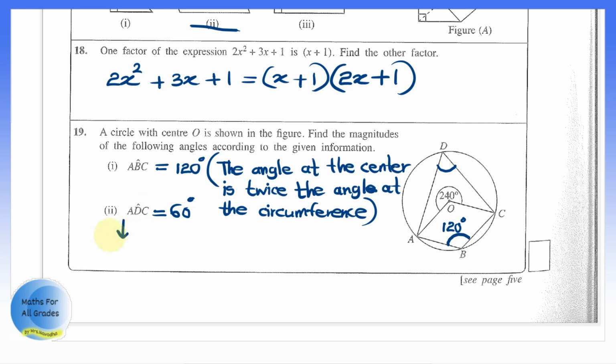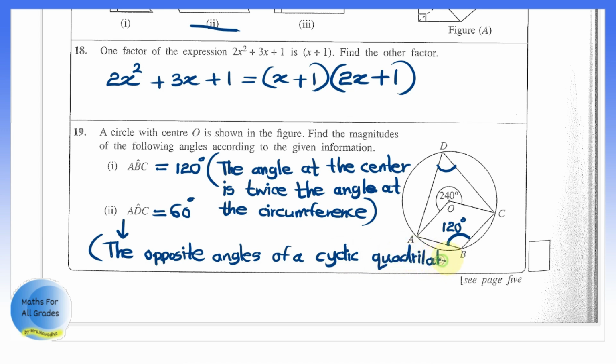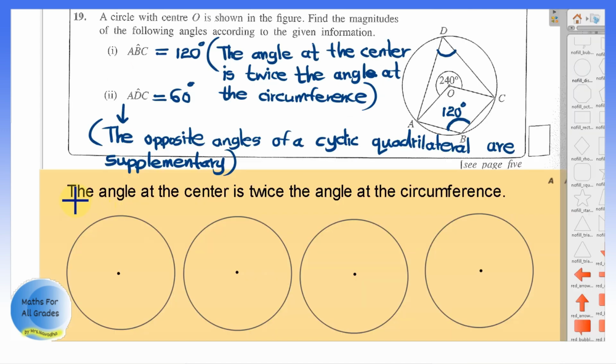Let's write down the reason here. The opposite angles of a cyclic quadrilateral are supplementary. This is the first theorem that you should know.